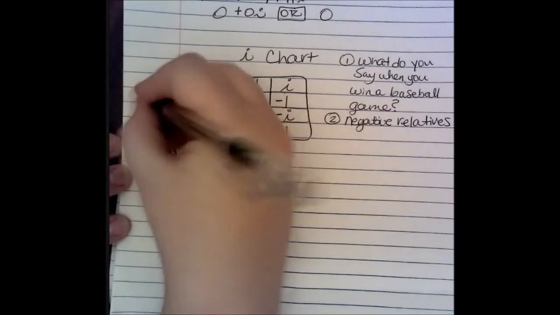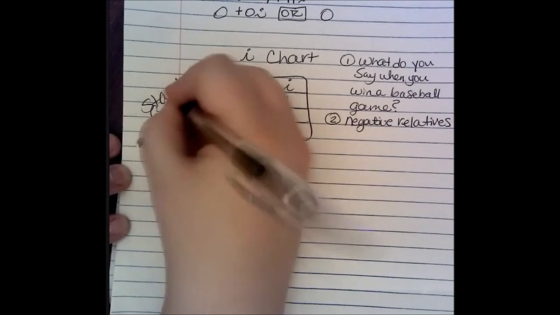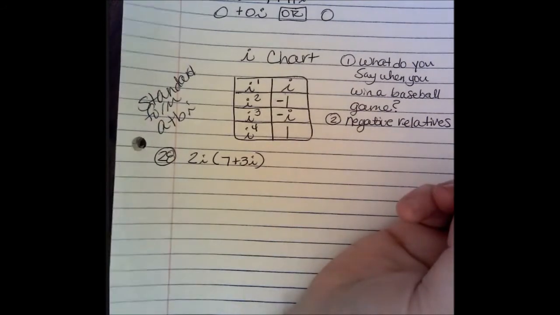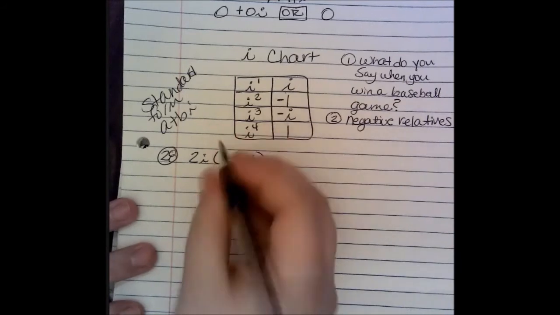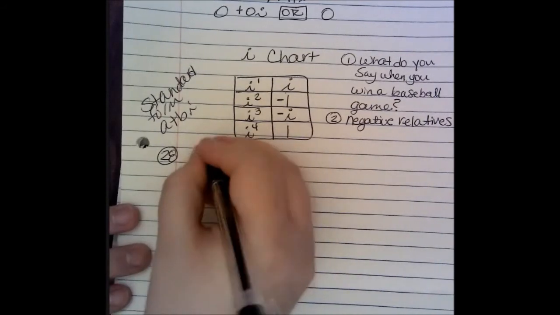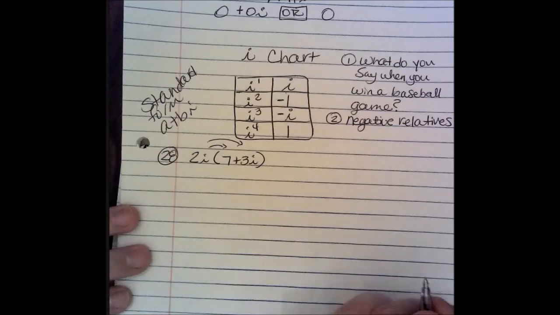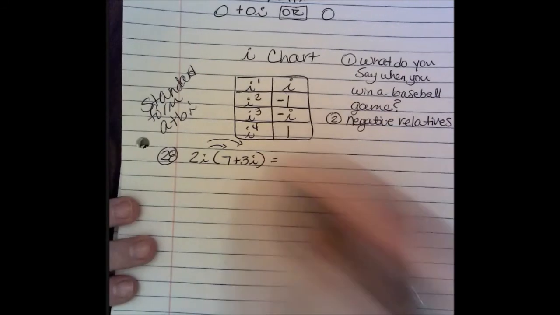Remember, we have standard form as a plus bi. Okay, we already wrote that in another page, so standard form is a plus bi. So we're doing the product, that means multiplication.